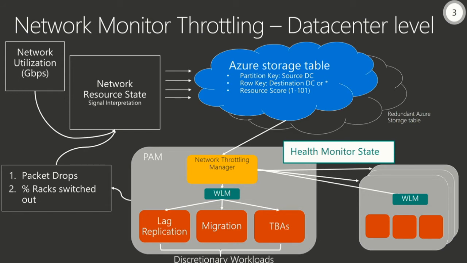The upper left is another signal that we use, not in the Helsinki scenario, but we can set a network utilization threshold to stay under. We've done that in scenarios where we're doing extensive network maintenance and where we need to reduce the amount of traffic, so we'll set a cap to allow that maintenance to occur.